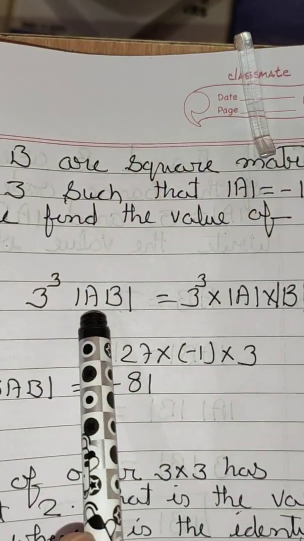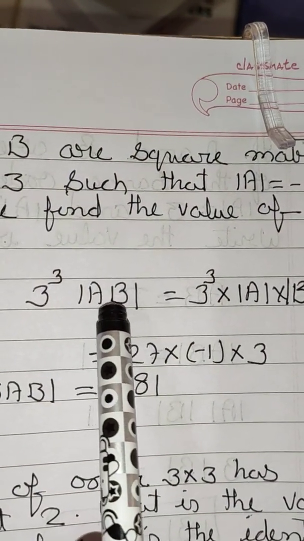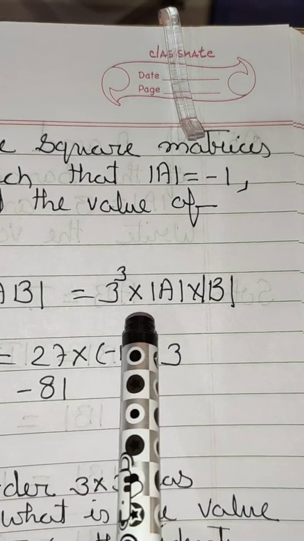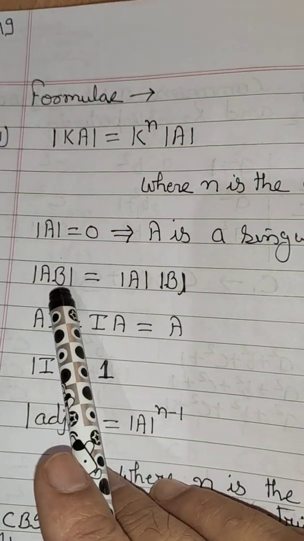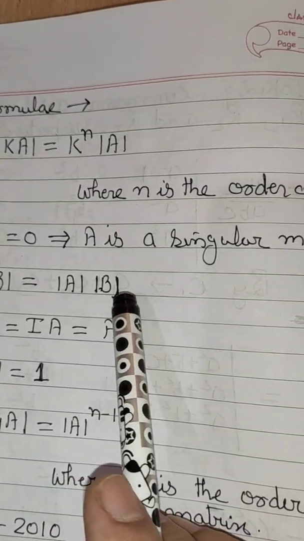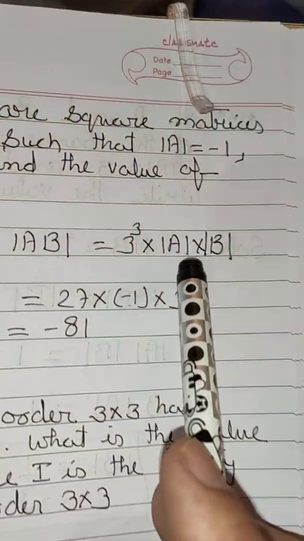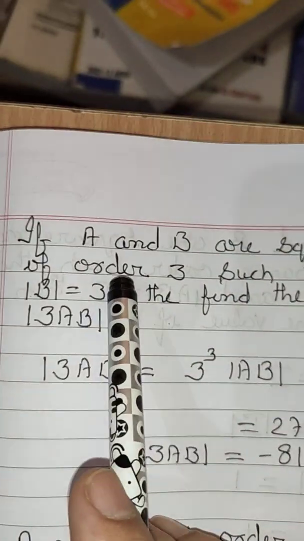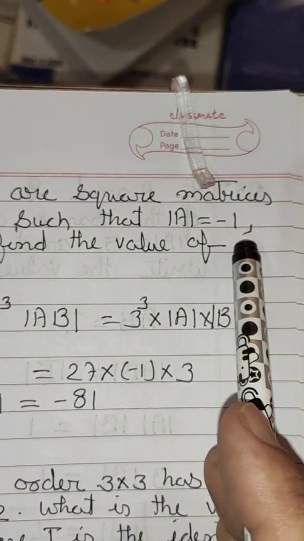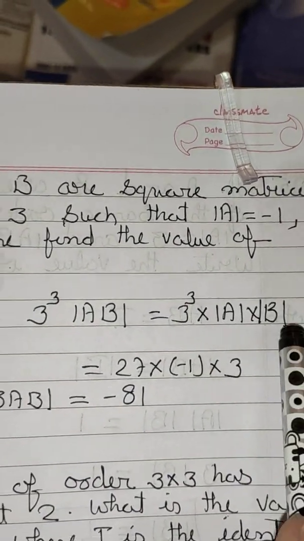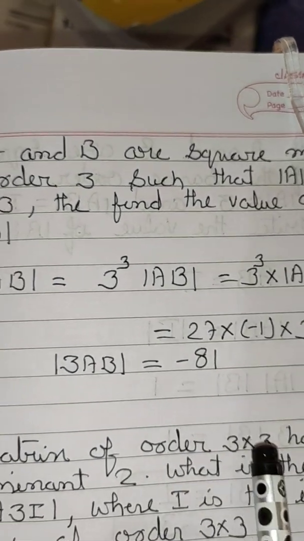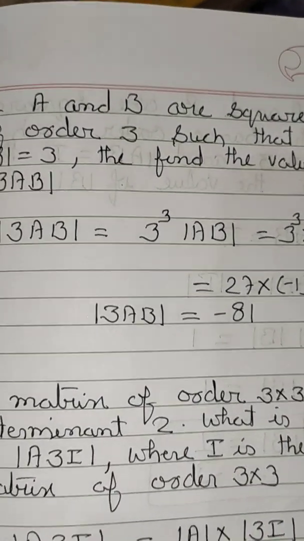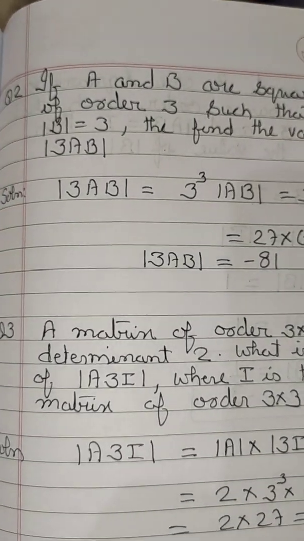Then determinant value of matrix AB is equal to 3 raised to the power 3 into determinant of A into determinant of B. Which formula have I used? Determinant of AB is equal to determinant of A into determinant of B. In the question, determinant A is given as minus 1, I have substituted the value. Determinant B is given as 3, I have substituted the value and simplified. So what value did I get? Minus 81. Our question is complete.